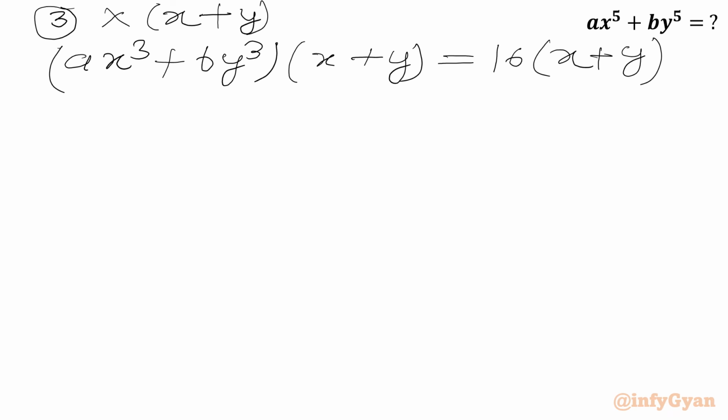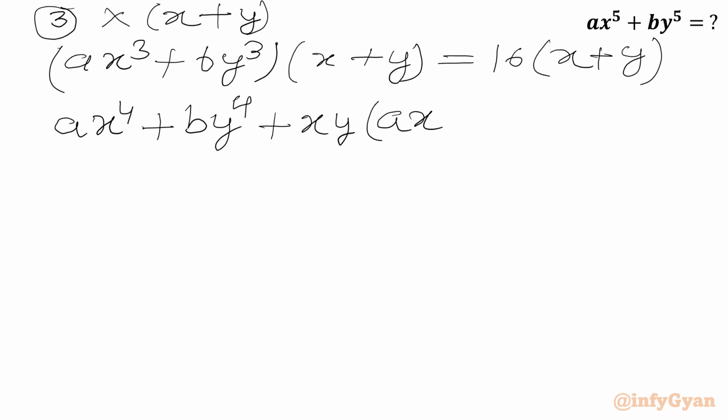Again we will multiply. We will get ax⁴ + by⁴, and the cross product terms, ax³y and so on. From there also we'll take xy common. So in the bracket we can write (ax² + by²) equal to 16 times (x + y).